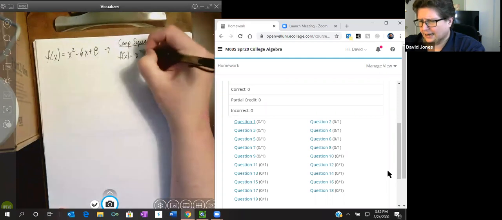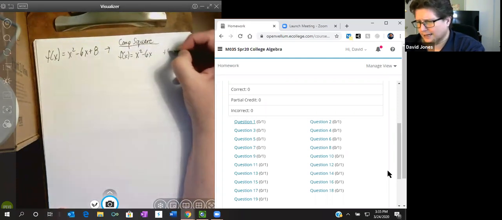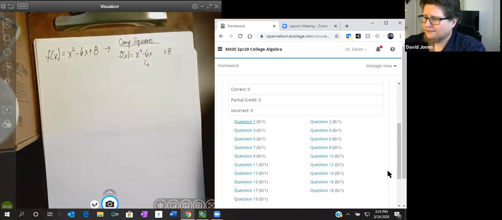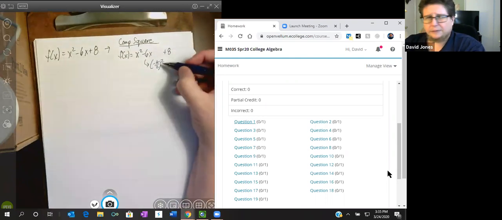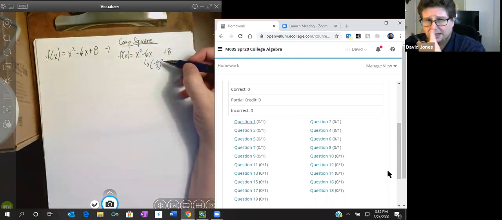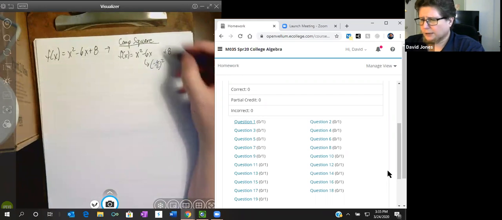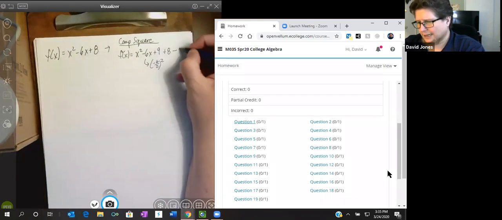See it again. X squared minus 6x. I'm going to leave a gap, put my plus 8 over here. I'm going to do negative 6 divided by 2 and square it. Negative 6 divided by 2 is negative 3. Negative 3 squared is plus 9. I added 9. I'm going to subtract 9.